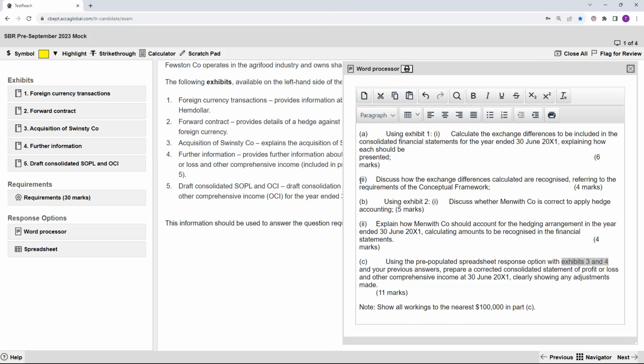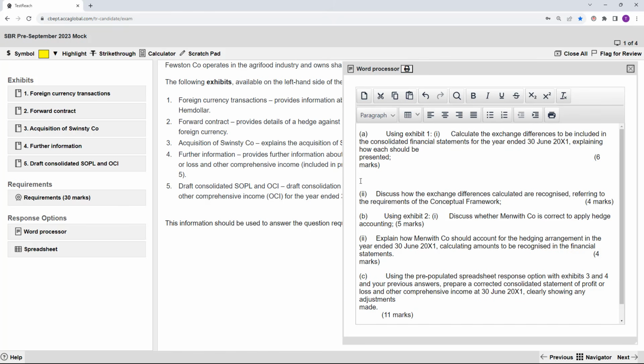It means doing the first part of the first question. We've got to calculate the exchange difference, and we've got to explain how that exchange difference would be presented.